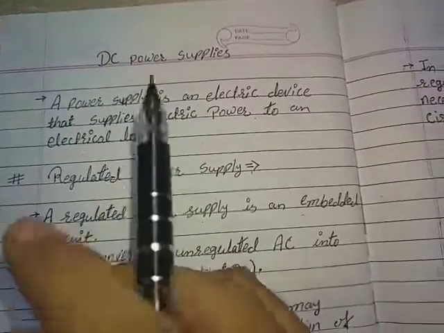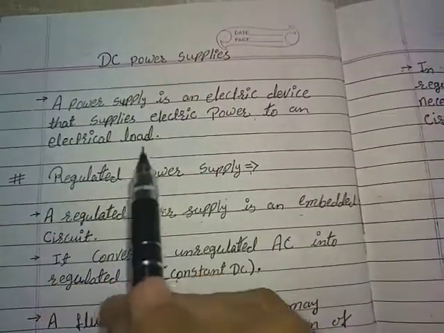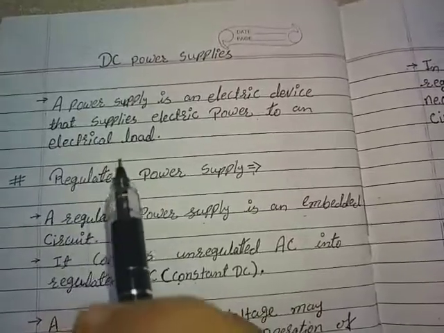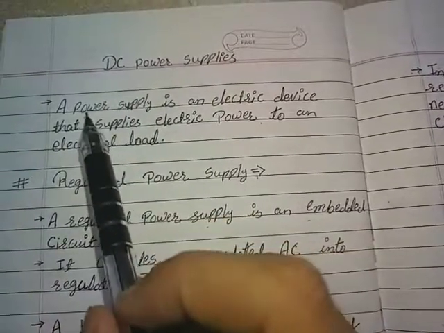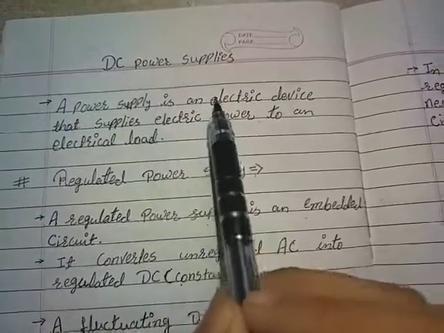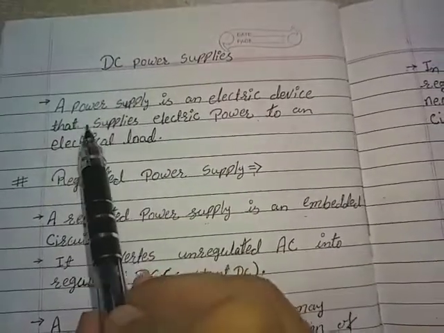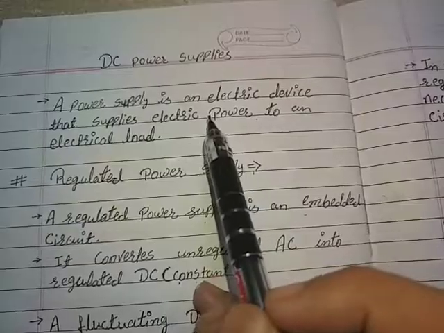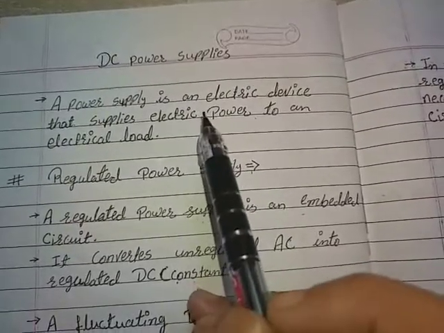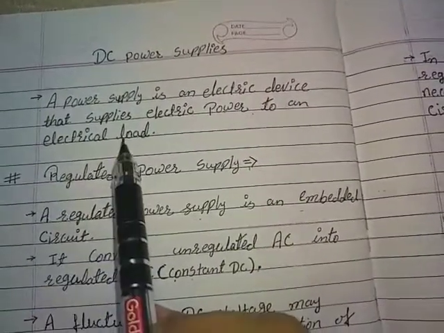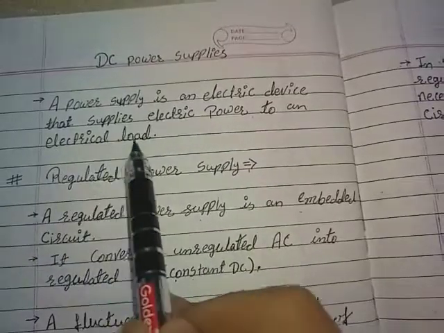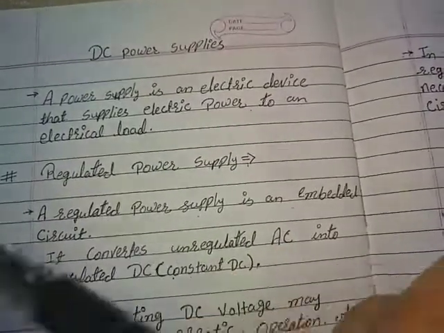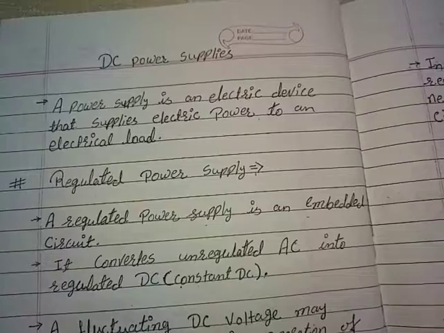So what does the mobile charger do? A power supply is an electric device that supplies electric power. It supplies electric power to the charging port, or we can say to an electrical load, so that our mobile can be charged.